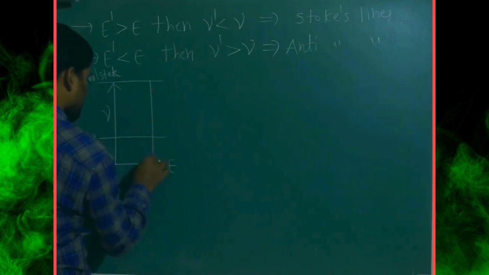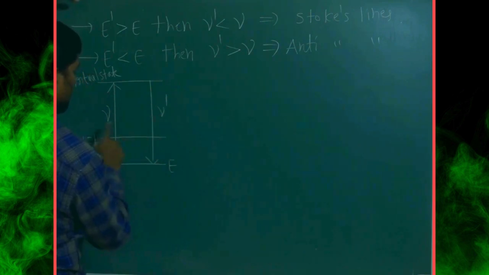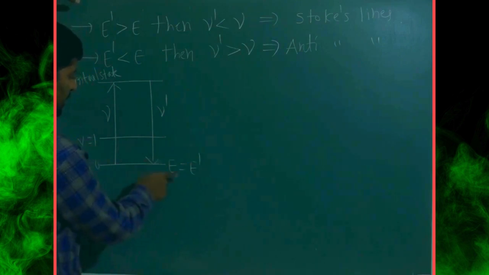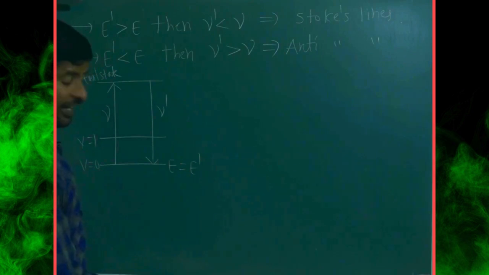Now the scattered radiation frequency is nu dash. Are nu and nu dash the same or not? Same. So E and E dash are also the same. After scattering, the energy of the molecule is again E dash only.